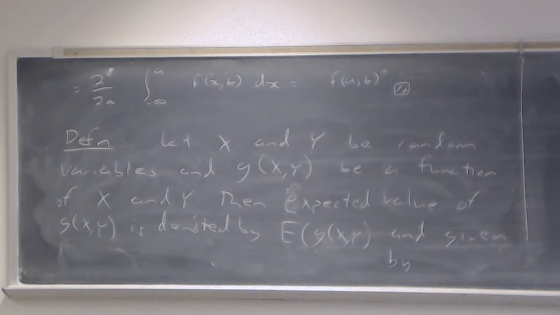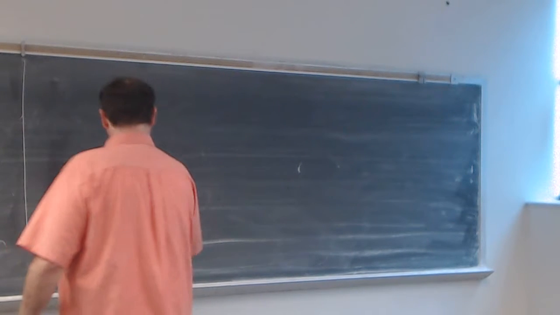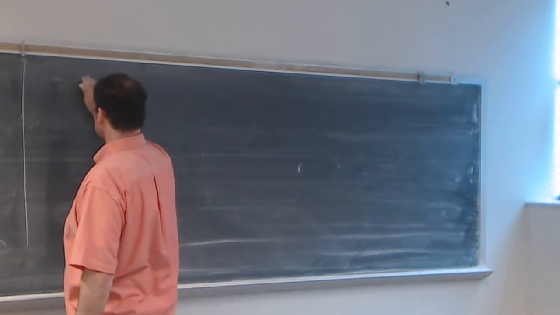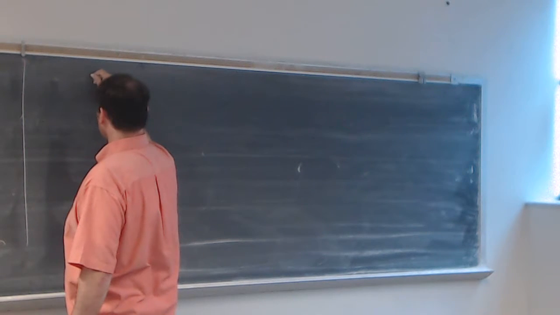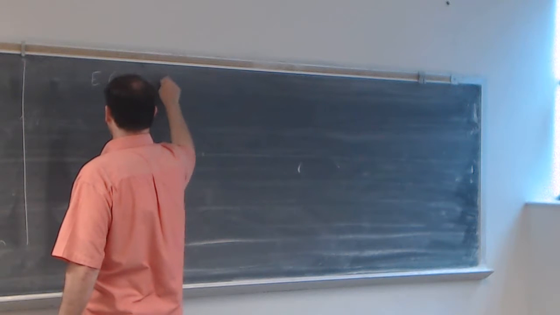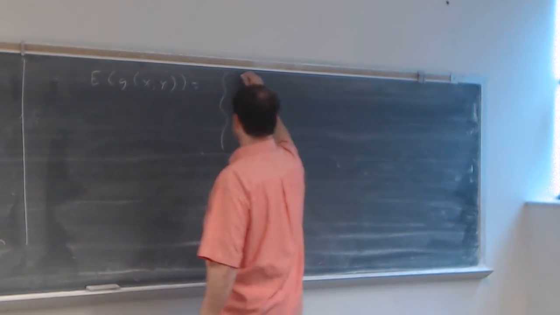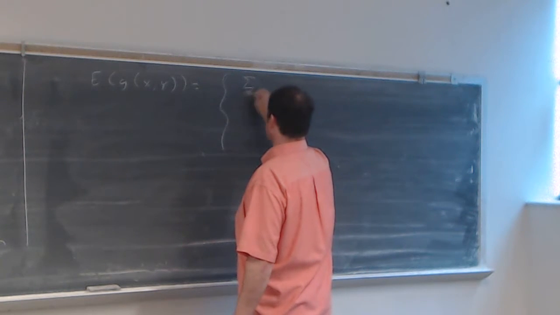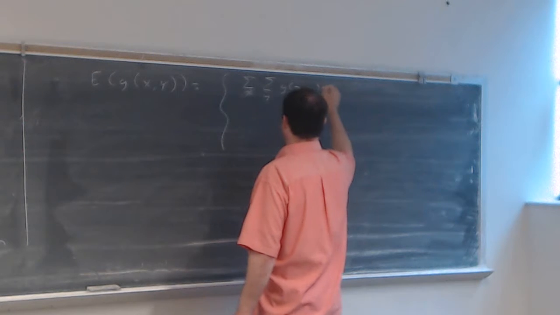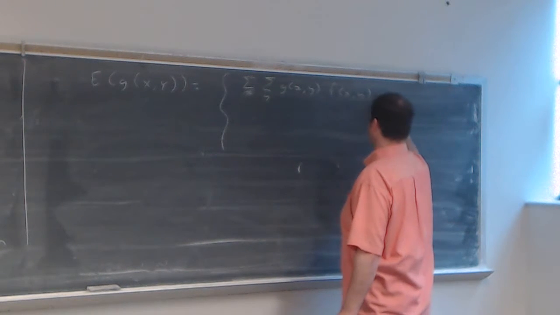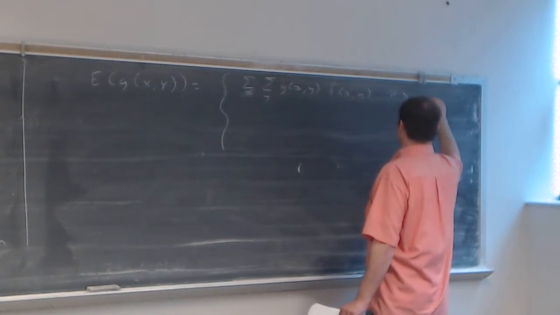We have two cases that we'll look at, discrete and continuous. Here is the expected value of g of x comma y: it's the sum over all x's, sum over all y's of g of x comma y, f of x comma y, if x, y are discrete.